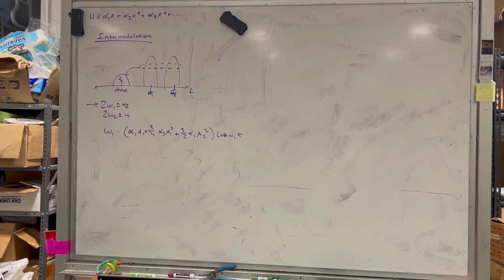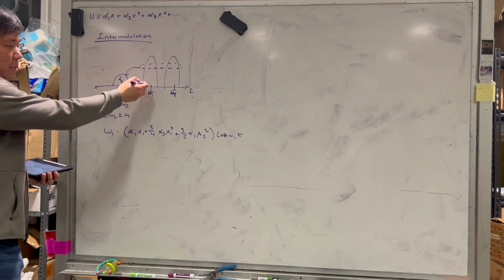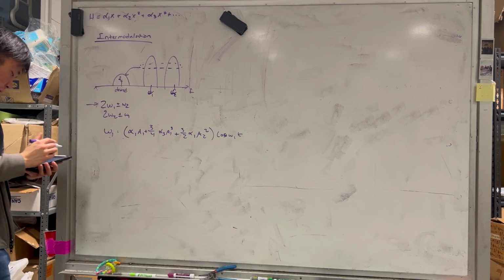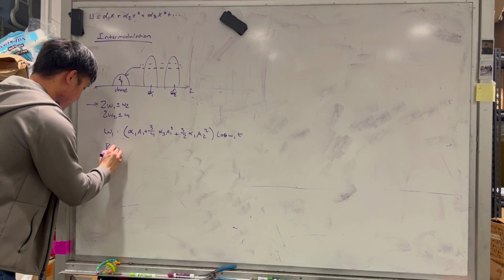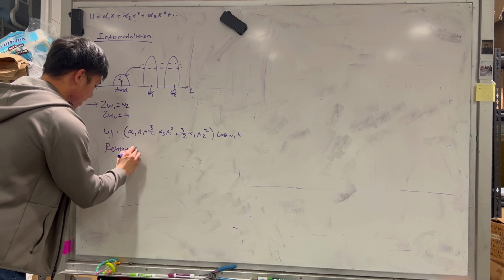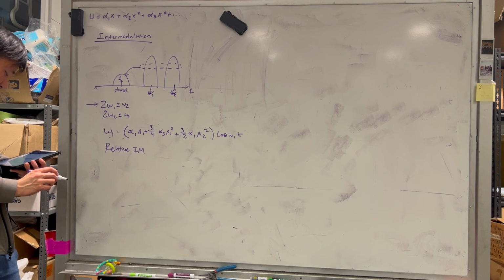But you notice that if we normalize this product back to the fundamental of the signal, right? When we solve that out, we get what we call a relative IM product, like an intermodulation product.